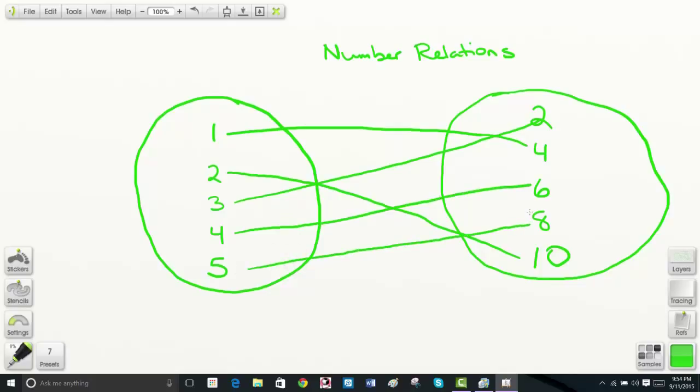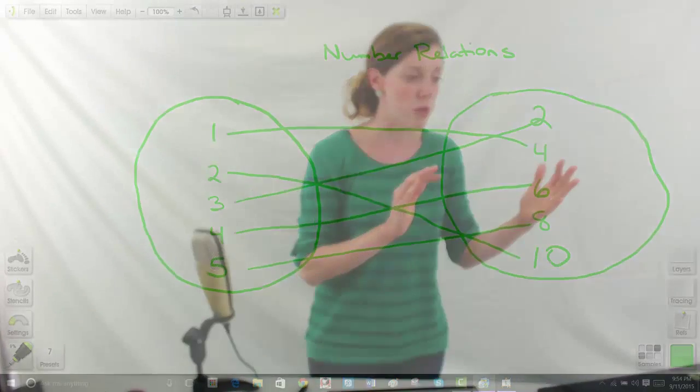Now notice I have intentionally been totally random. Maybe you expected that I was going to link 1 to 2, 2 to 4, 3 to 6, 4 to 8, like counting in the method that we normally would count in. But I want to draw attention to the fact that random is okay when it comes to number relationships.